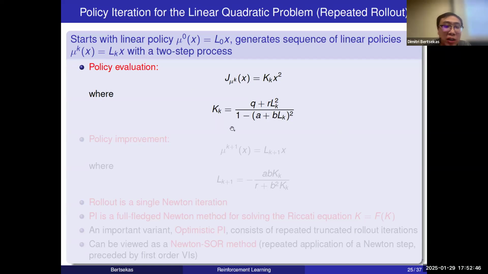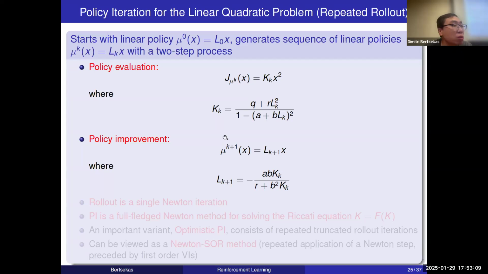So after you calculate this, you perform the policy improvement step, and we went through the detailed calculation in the previous lecture. Essentially, for every x you set the derivative with respect to u to 0, and you can get this formula.